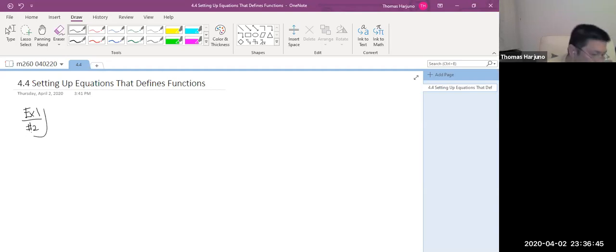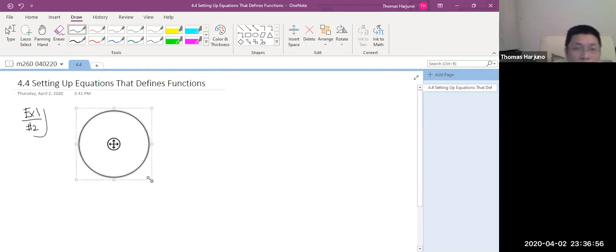Okay, let's see number 2 in 4.4. A rectangle is inscribed in a circle of diameter 12 inches. So let's say I have a circle, and the diameter of that circle is 12 inches. So this is 12 inches.